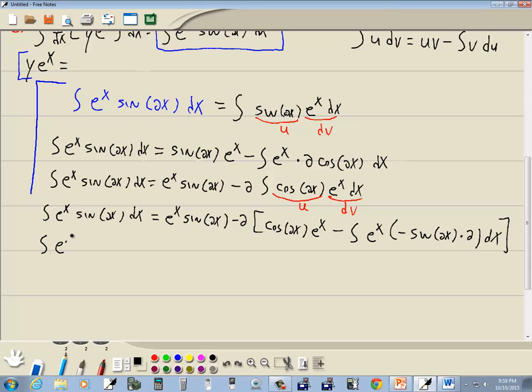So we've got the integral of e to the x sine 2x dx is going to equal e to the x sine 2x, and I'm going to multiply this 2 through, so that gives us negative 2, I'll put the e to the x first, cosine of 2x.